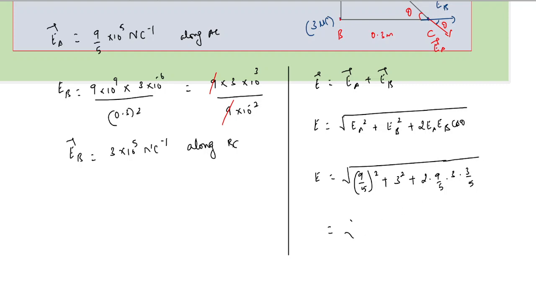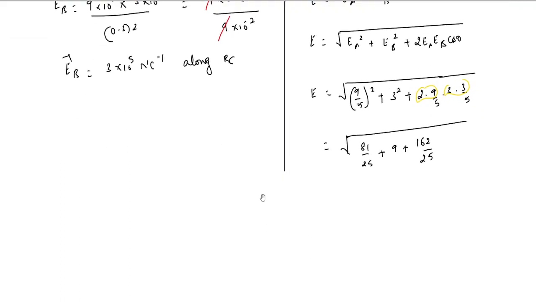This is equal to the square root of 81 by 25 plus 9 plus this term here becomes 2 into 9, which is 18, into 9, that will be 162. So plus 162 by 5 by 25. Now because there it's 5 into 5.